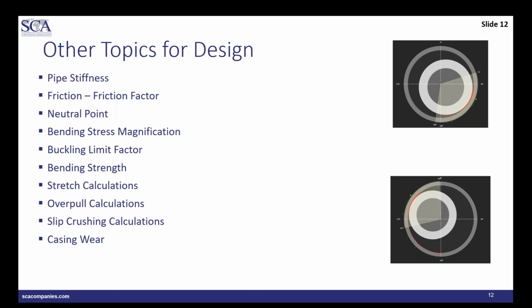Casing wear as we run the pipe, rotate the pipe, how far the casing is getting worn out. How do we degrade the casing properties based on the casing wear? So these are different topics that will be covered in the drill string design calculations and the analysis. With that, let me move on to the next topic, optimization.